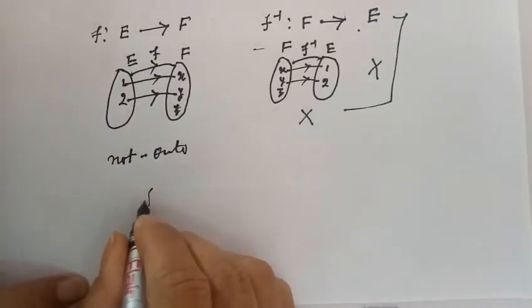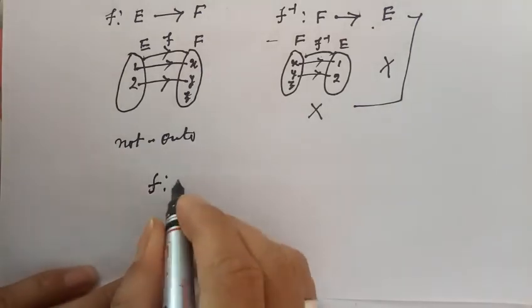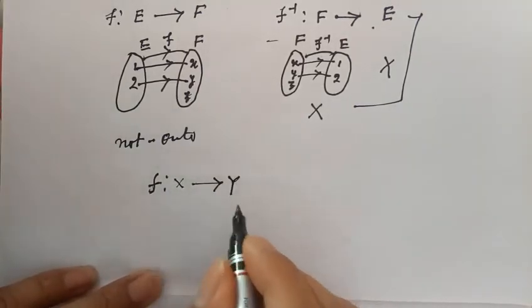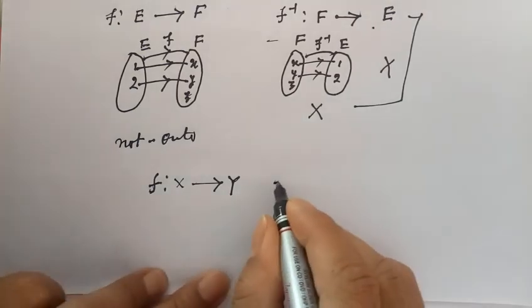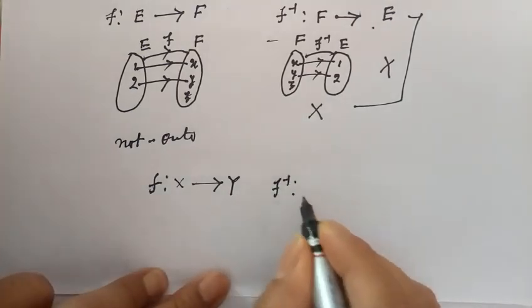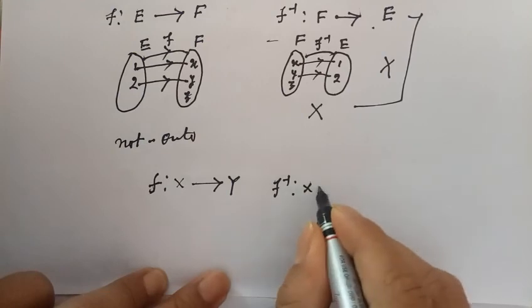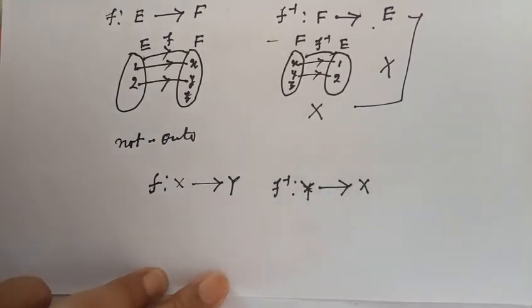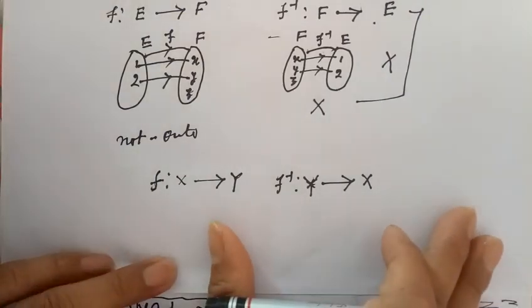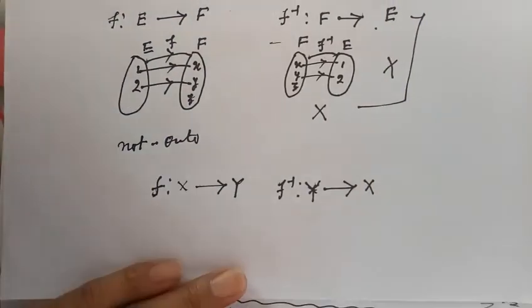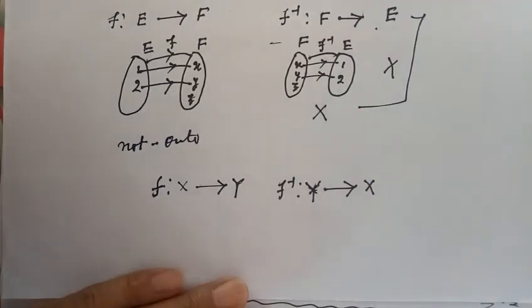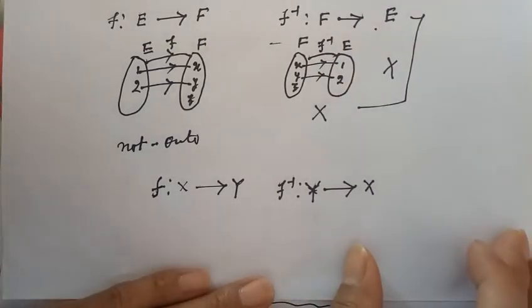That is, f from X to Y: the inverse is only possible when the function is both 1-1 and onto. So these are all basic information we have to know before studying the inverse of trigonometric functions.